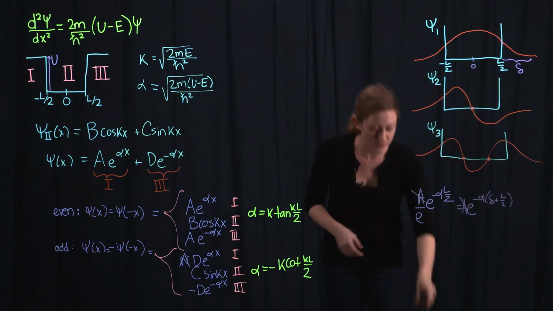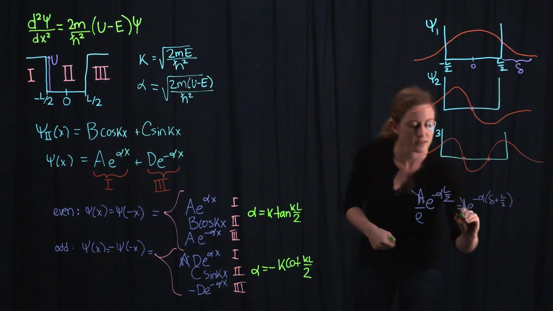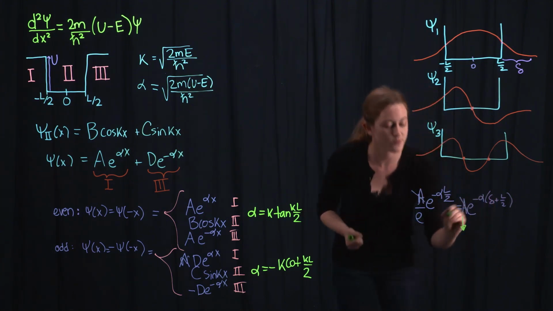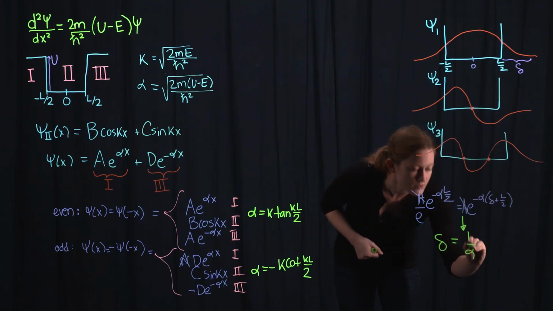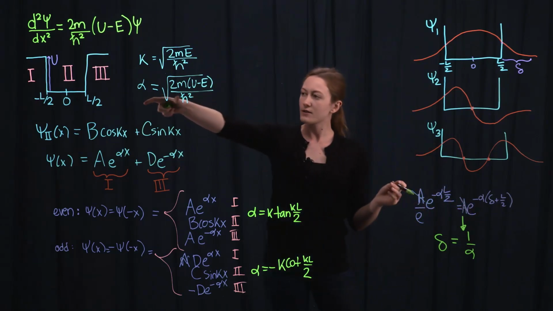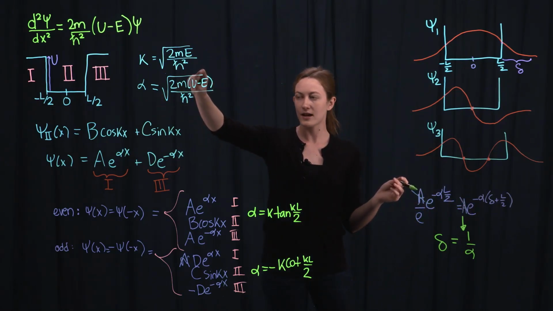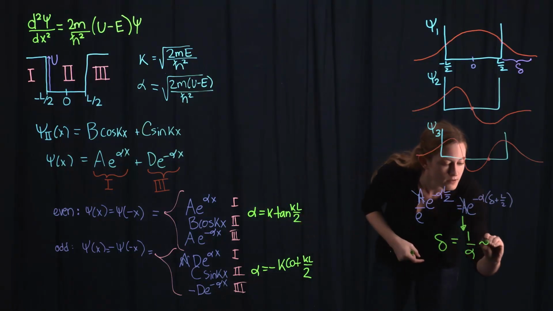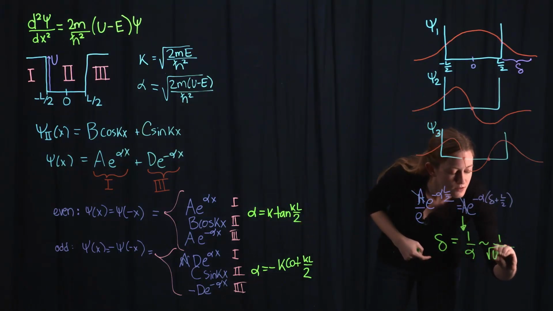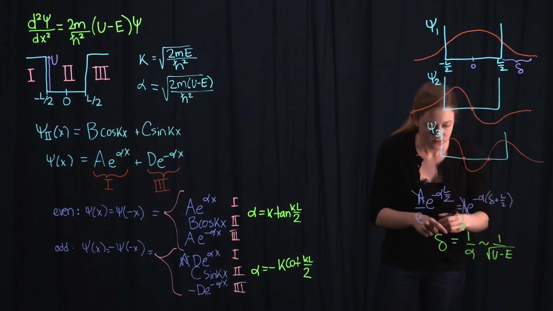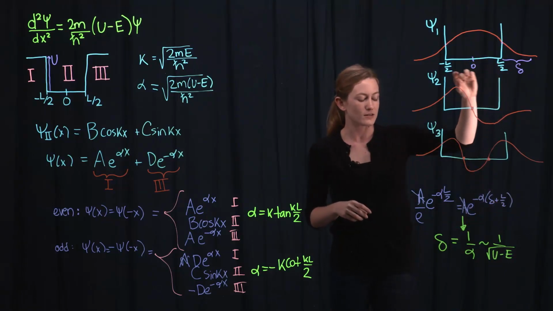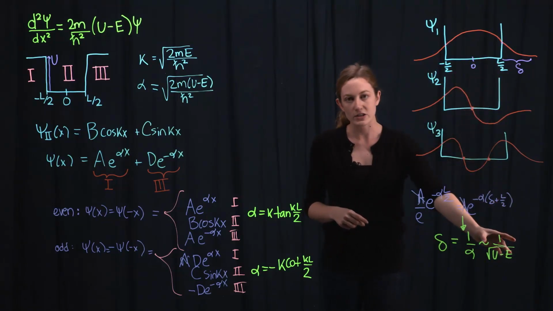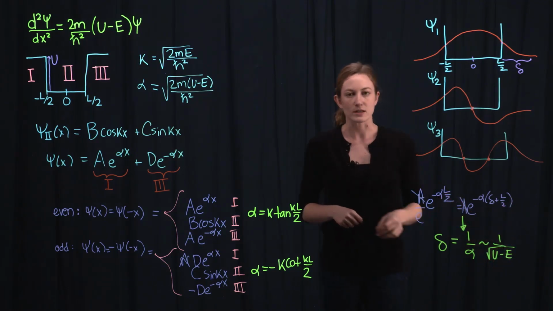And we can use this relationship to solve for delta, which I do in the attached PDF explicitly. And the result is delta equals 1 over alpha, where recall alpha goes like the square root of the potential height minus the energy of the particle. So this goes like 1 over root U minus E. So what we've learned is that when the potential height of the well is much larger than the energy of the particle, so this denominator is then very big, and then delta is very small.